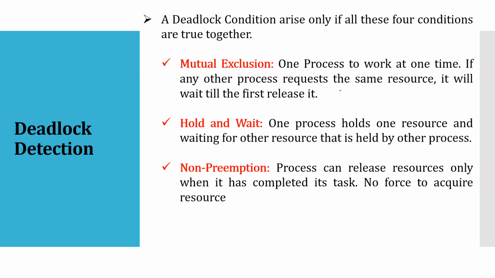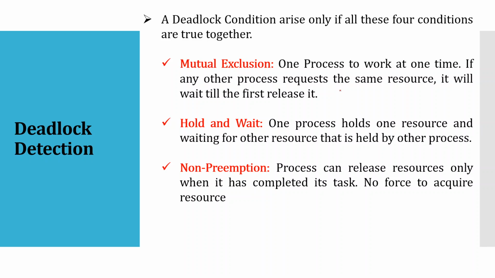Then comes non-preemption. A process can release the resource only when the transaction has completed its particular task. No other transaction can forcefully acquire a particular resource from the transaction.